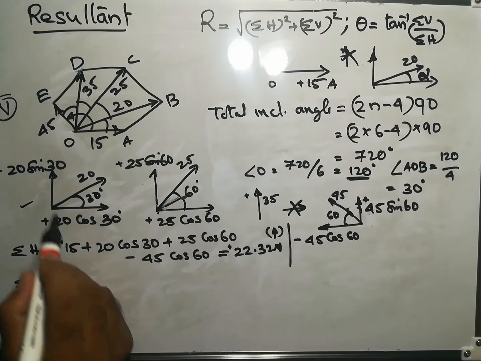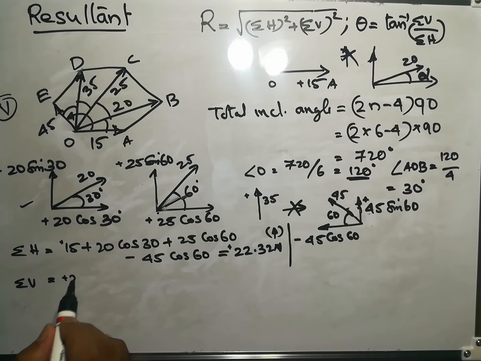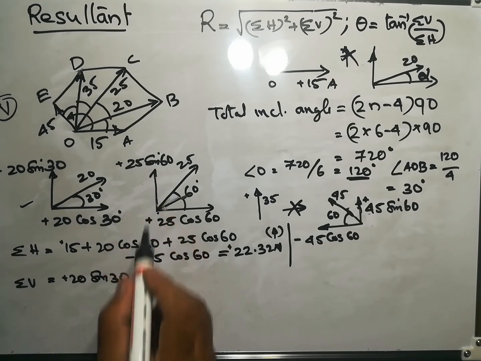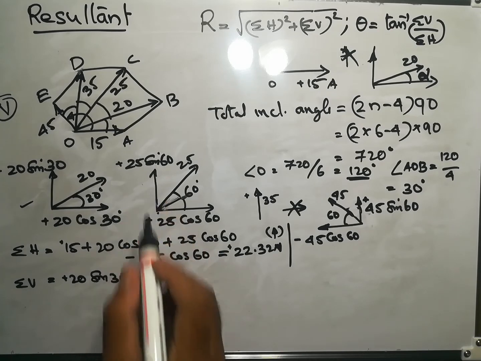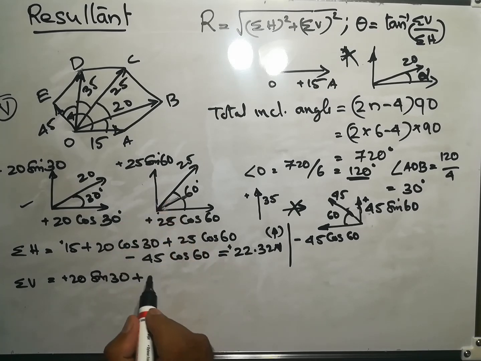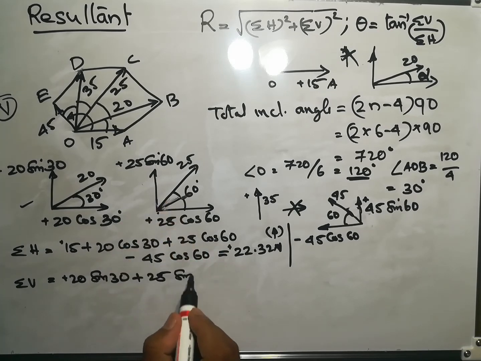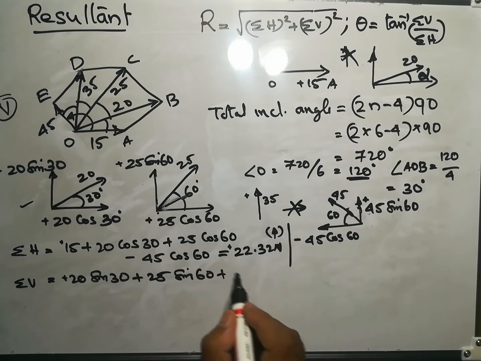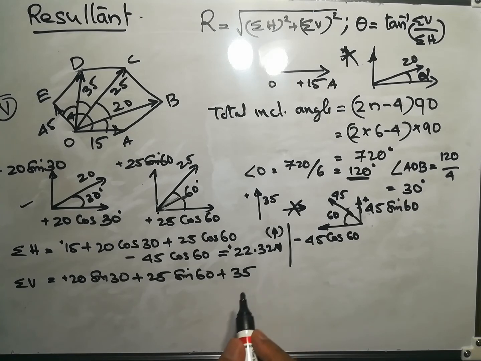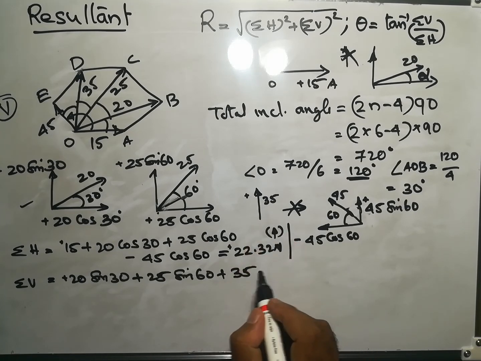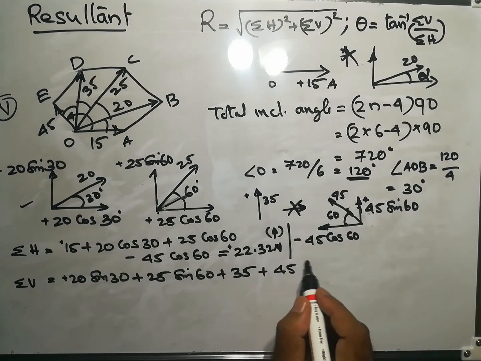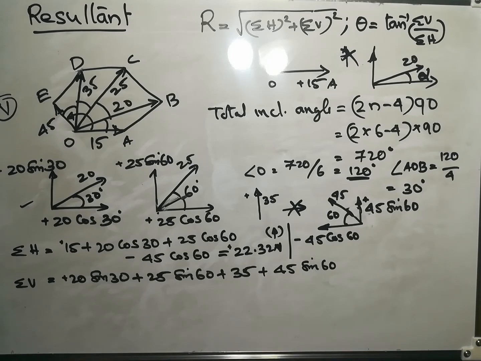For the second force we have plus 20 sin 30. For the third force we have the vertical component in the upward direction, plus 25 sin 60. For the next force, only a vertical component, and plus. Then for the last force we have plus 45 sin 60.